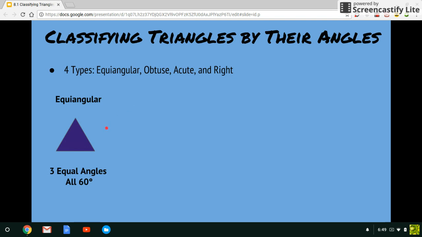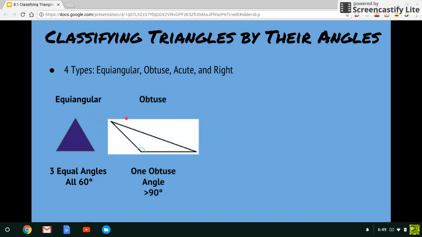And since triangles' angles add up to 180 degrees, if we have 3 equal angles, that's 180 divided by 3, which is 60 degrees. So each of these 3 angles are 60 degrees in an equiangular triangle. And then we have obtuse triangles, which is where we have one obtuse angle, so one angle that is greater than 90 degrees. So in this triangle, that's this angle here.